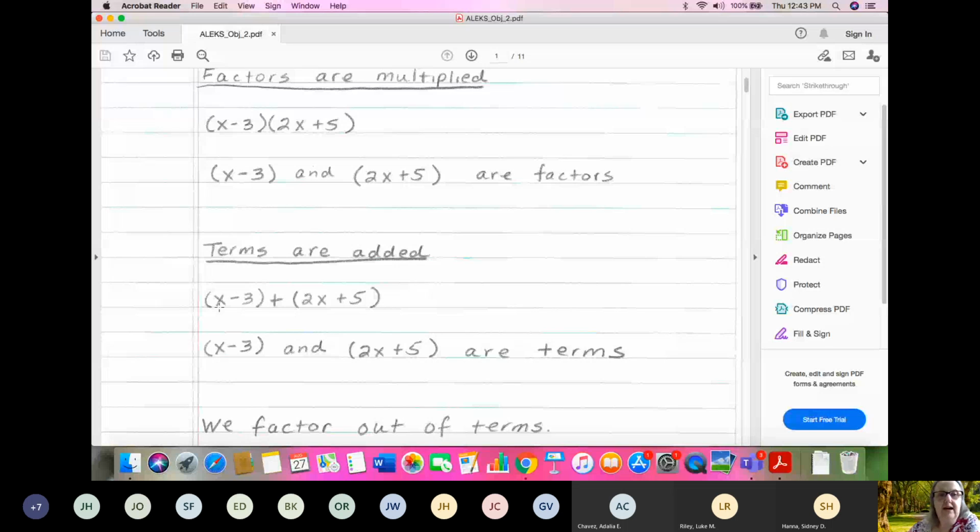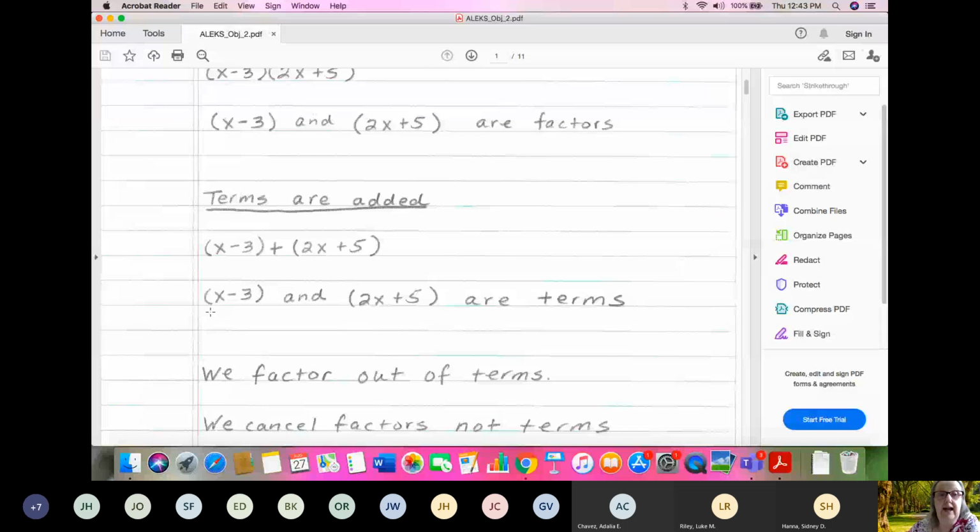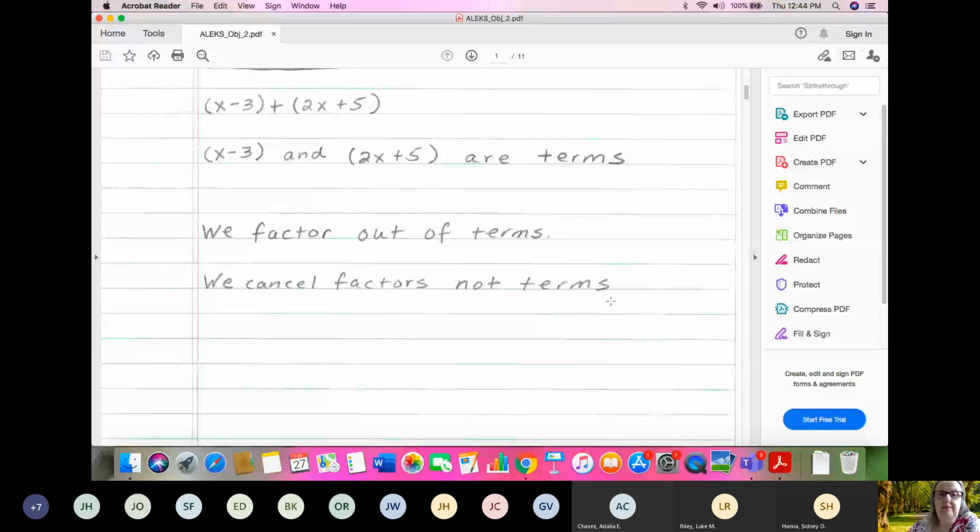So we've got x minus 3 plus 2x plus 5. If you put parentheses around x minus 3 and 2x plus 5, you can then see they're now being added. We can consider x minus 3 and also 2x plus 5 to be terms. Why is this important?